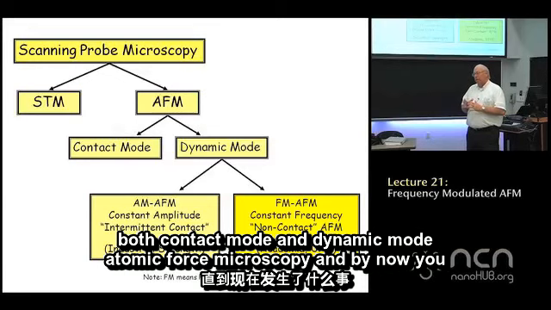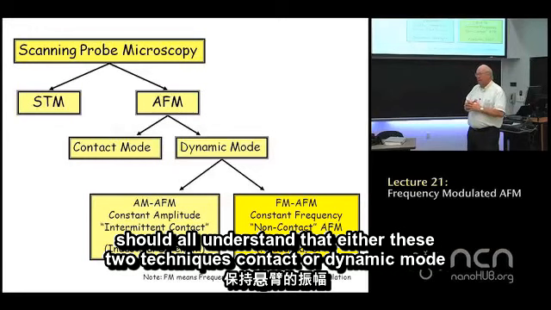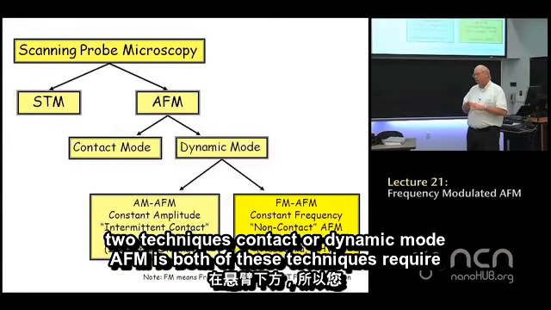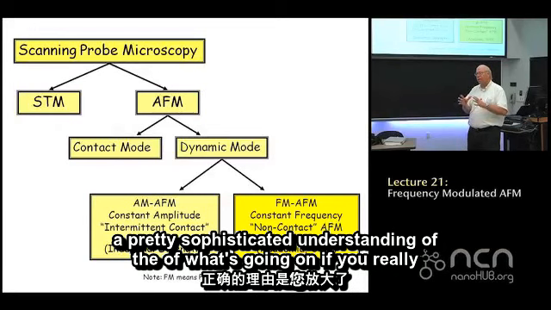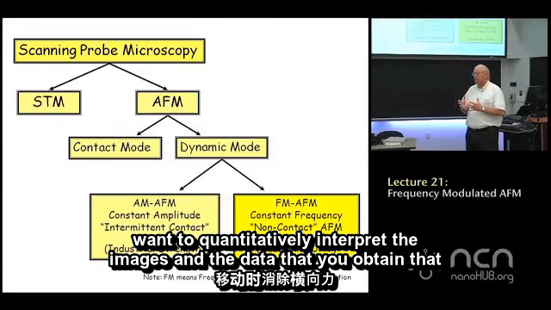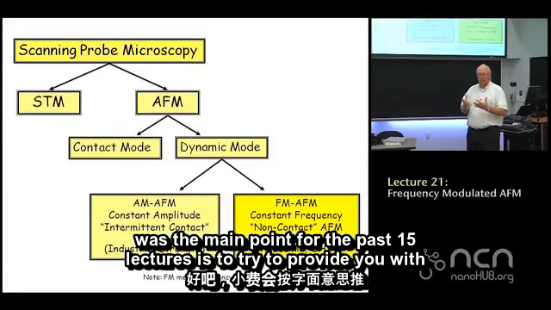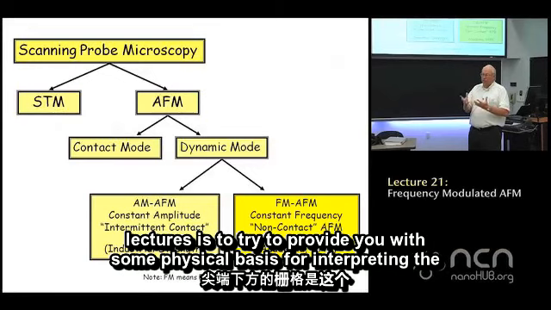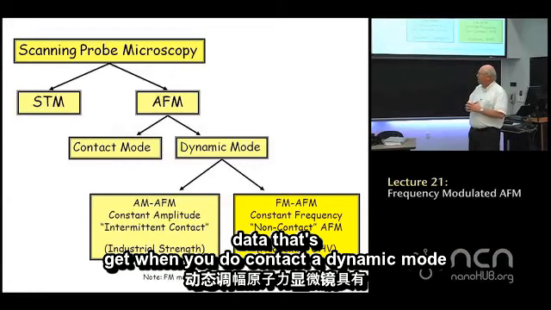And by now you should all understand that either of these two techniques, contact or dynamic mode AFM, both require a pretty sophisticated understanding of what's going on if you really want to quantitatively interpret the images and the data that you obtain. That was the main point of the past 15 lectures, to try to provide you with some physical basis for interpreting the data that you get when you do contact and dynamic mode AFM.